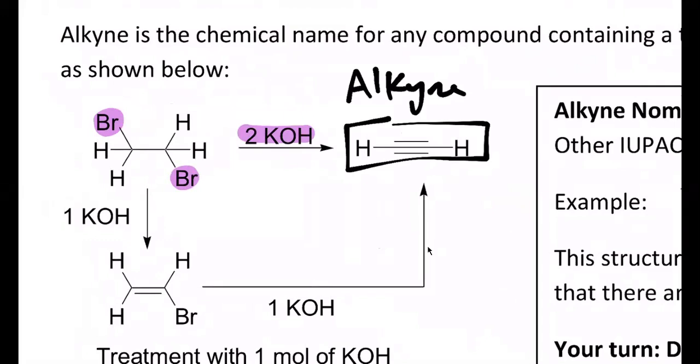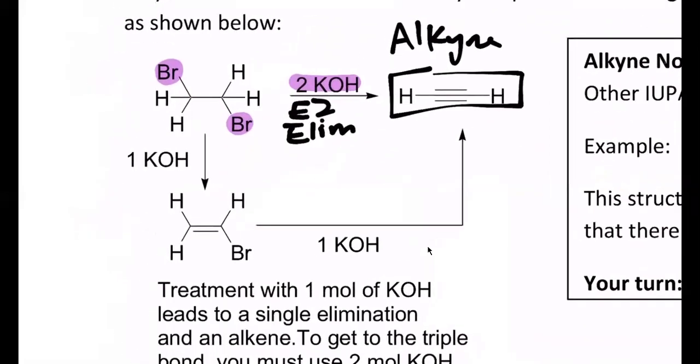And again, if you remember back from when we first started talking about functional groups, an alkyne is just a carbon-containing compound that has a triple bond in it, right? And this elimination is an E2, if you recall that from the previous section. It's just 2 of them happening, and that's what this down here is showing, right?